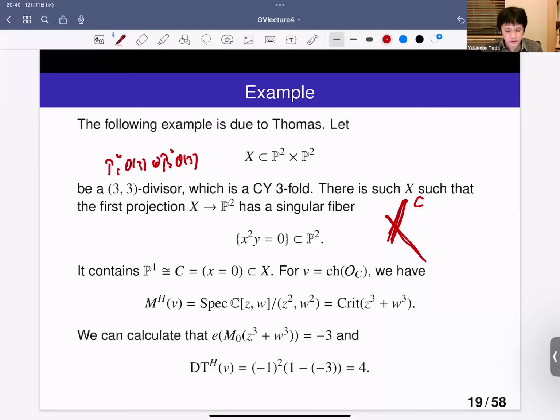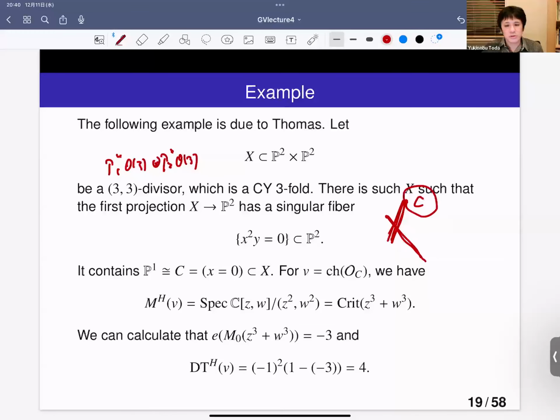So then he computes the moduli space of stable sheaves, which contains this structure sheaf. And in fact, he showed that this is the spectrum of this Artinian ring. And in fact, this is the critical locus of this function z cubed plus w cubed over C2.